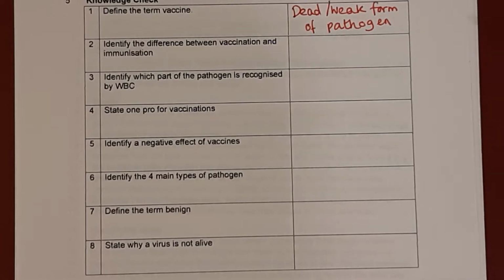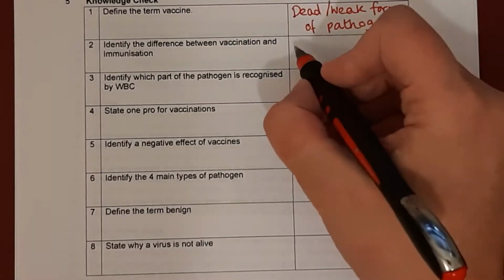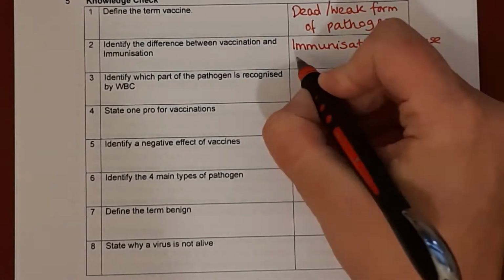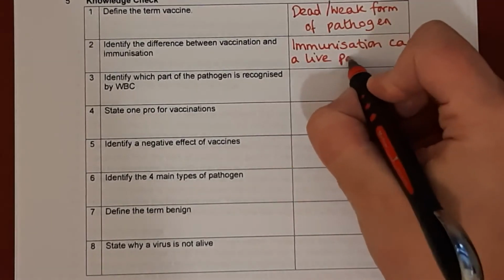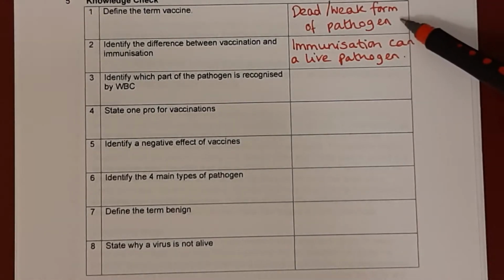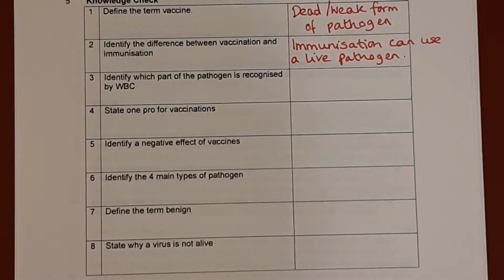So vaccination is the dead or weak form of the pathogen, and immunisation generally involves being inoculated, which uses a live version of the pathogen, and so you can actually become seriously ill from that. So that will cover that part because we've written just here that the dead or weak form is what is a vaccine.